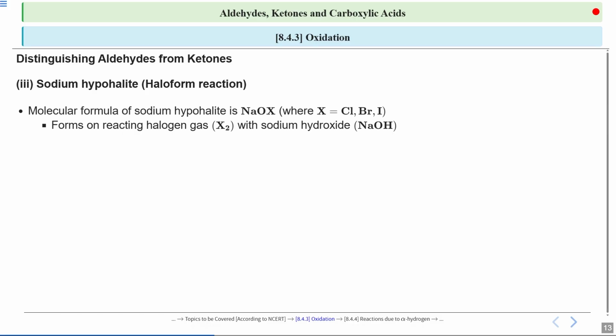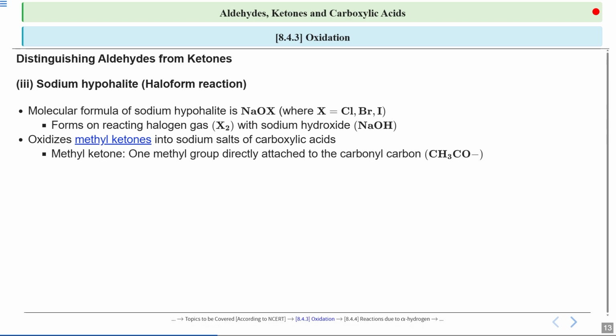It forms when a halogen gas reacts with sodium hydroxide, NaOH. Sodium hypohalite is used to oxidize methyl ketones into sodium salts of carboxylic acids.